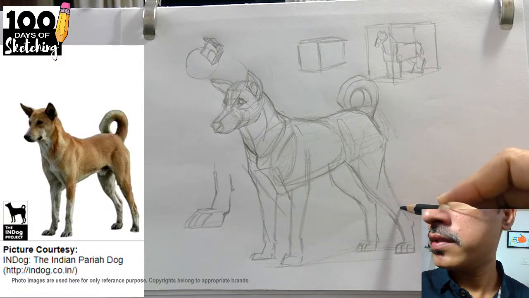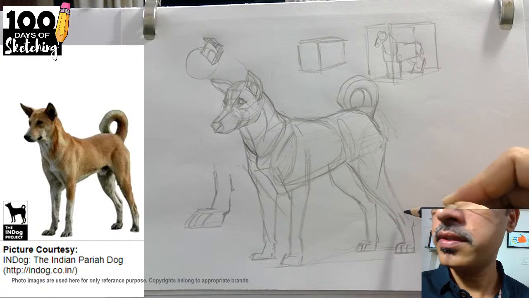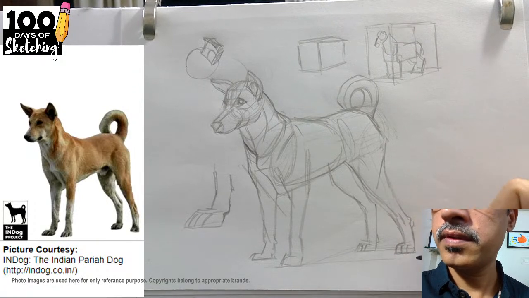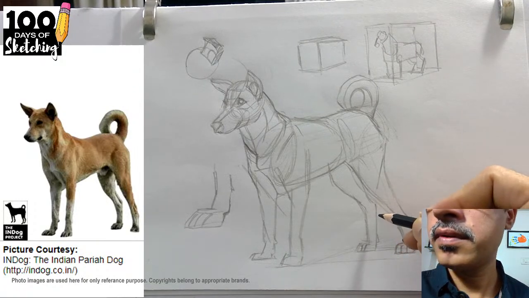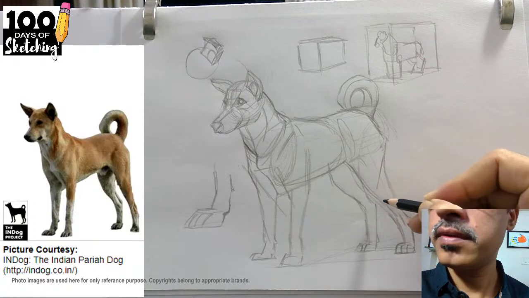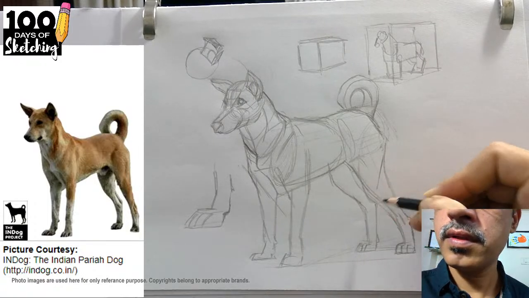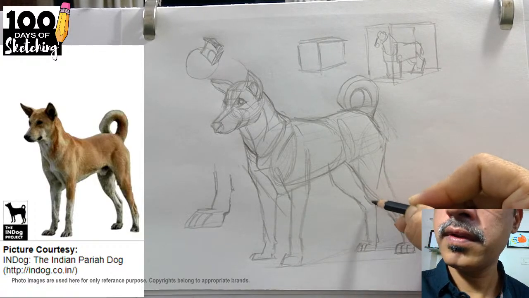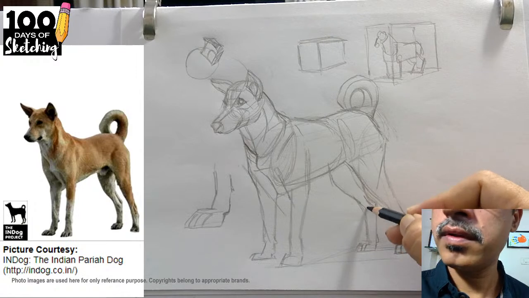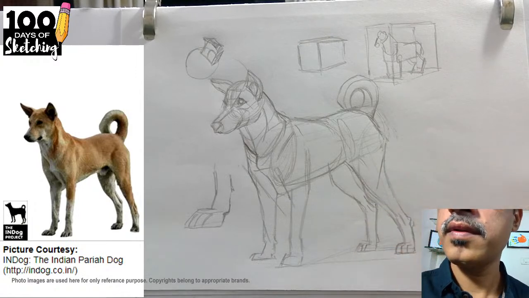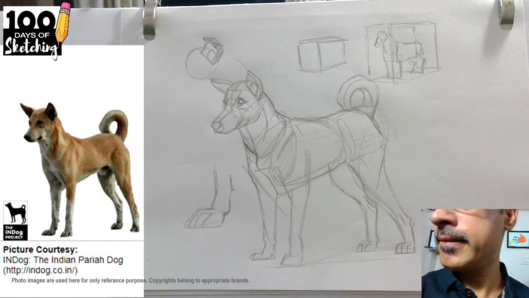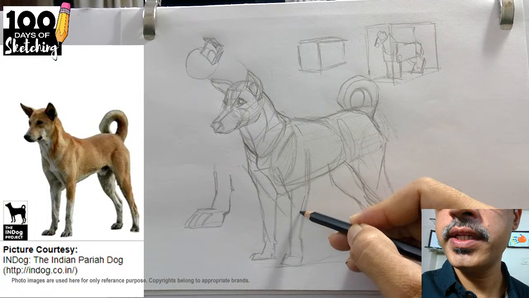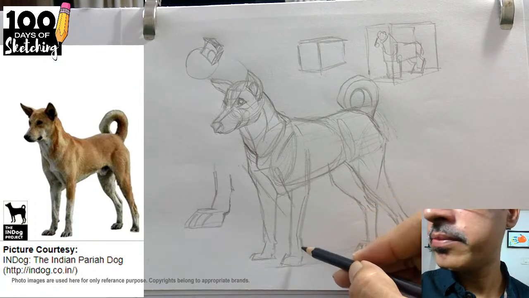Some of these line structures. I try to see as much detail as I can. This is the dimension, and now I'm seeing here.